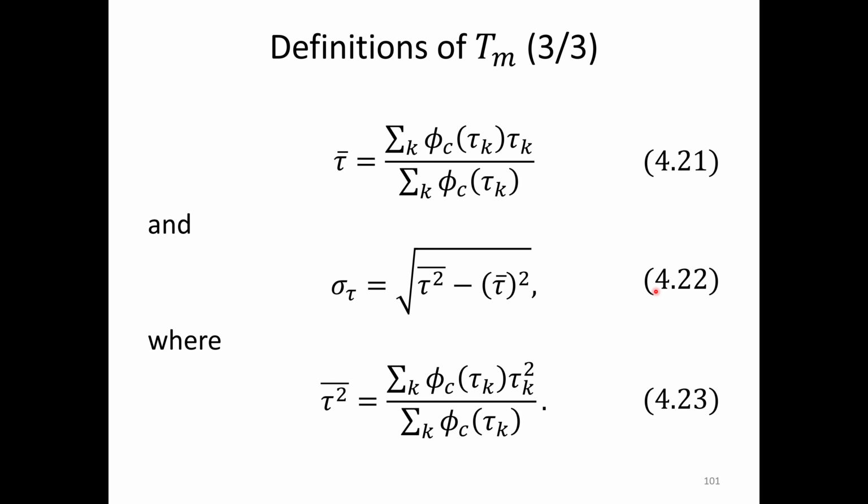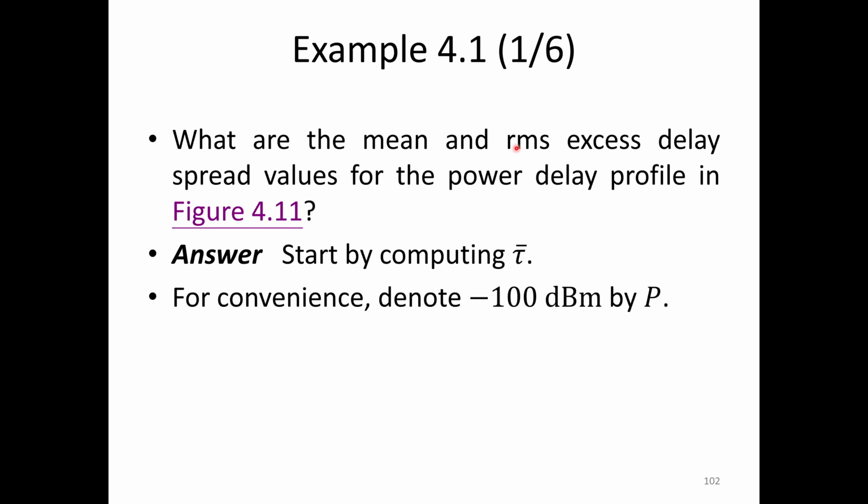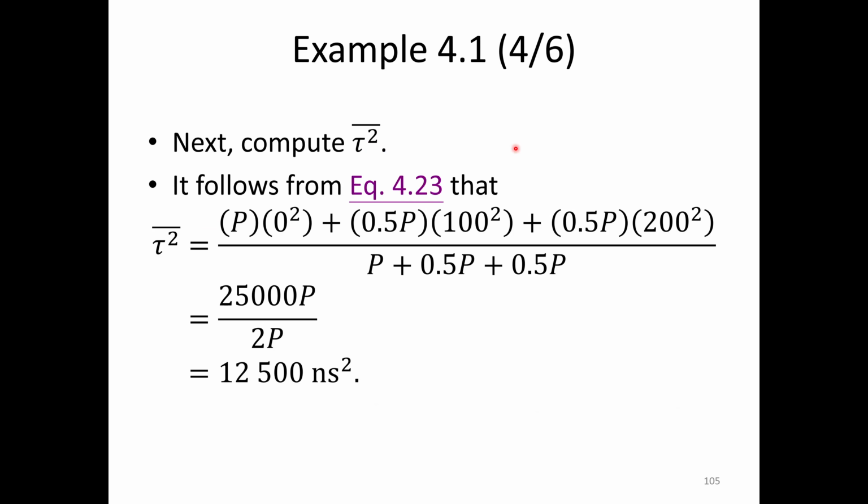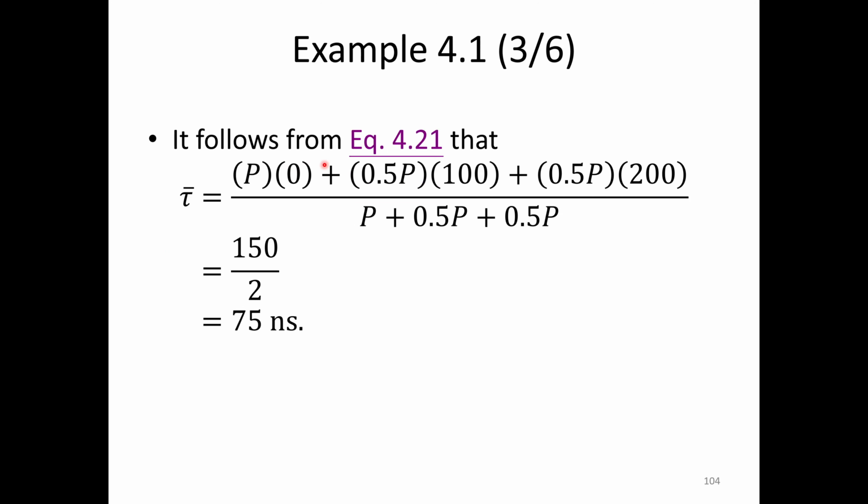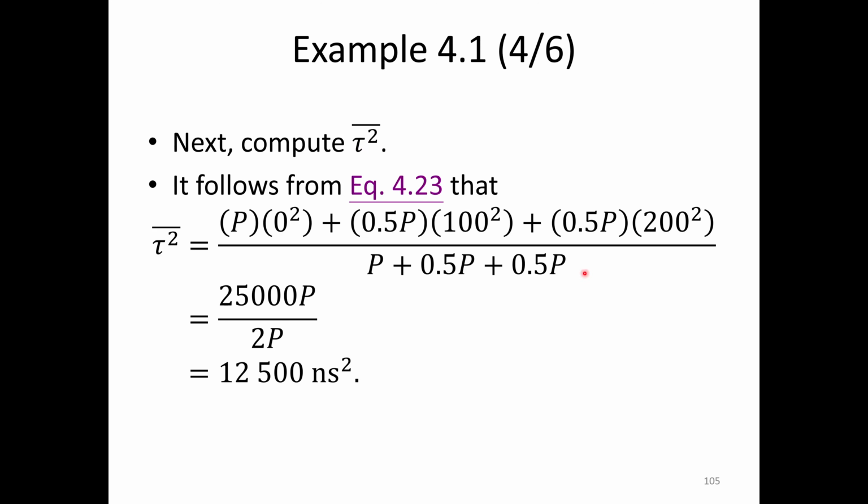Compared with equation 4.21, we only need to add a square to the term tau k. So it is easy to write down the equation for tau square bar. We only need to add a square here and here, and we have this equation. The denominator is equal to 2P again.